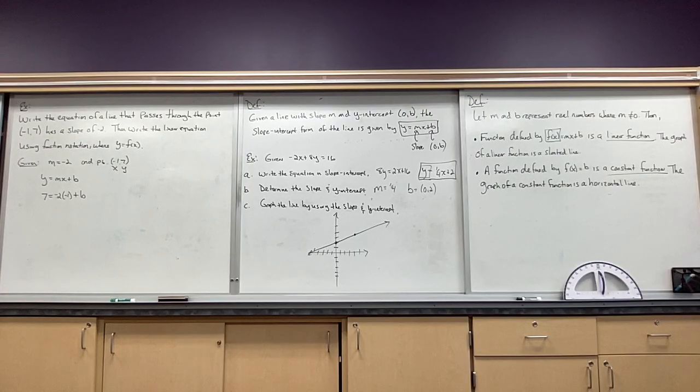Now, I don't know if this is kind of clicking in your head like, wait a minute, there's another way we can do this. We'll talk about point-slope form in the next lesson. But this, we're just gonna use this way. So 7 equals 2 plus b, so b is 5. So in other words, (0, 5) is my y-intercept then. So my equation would be y equals -2x plus 5. And then with function notation, it'll just be f of x equals negative 2x plus 5. There we go.